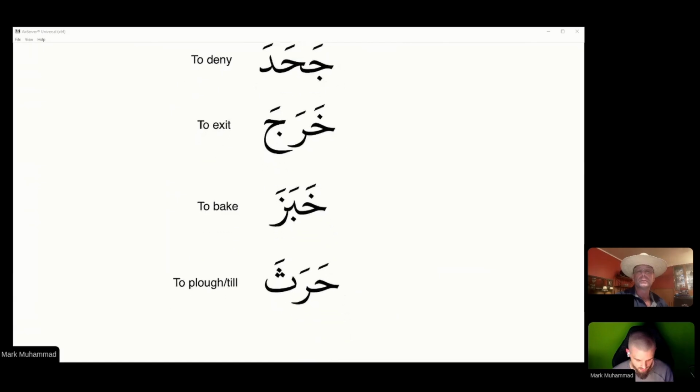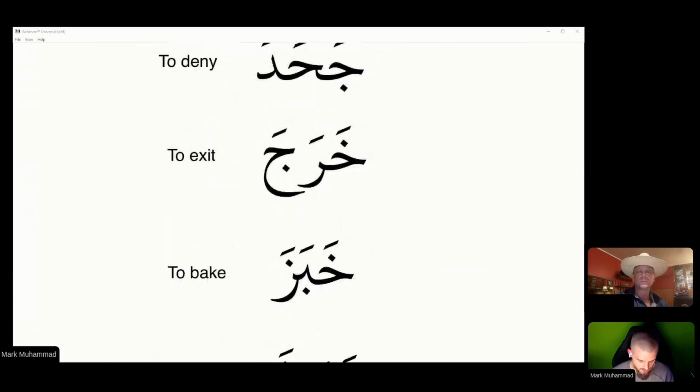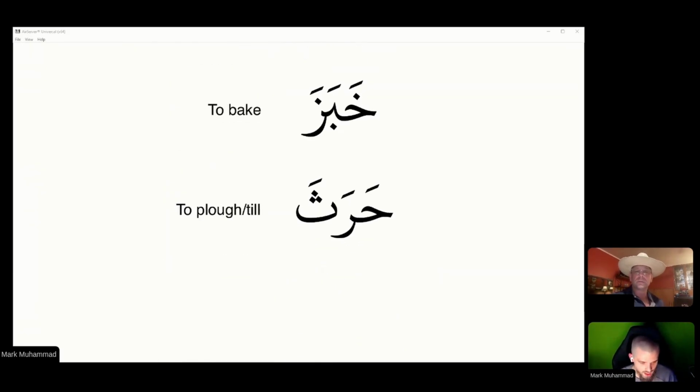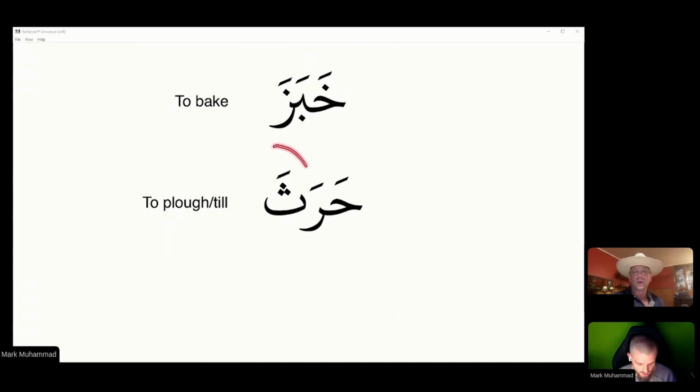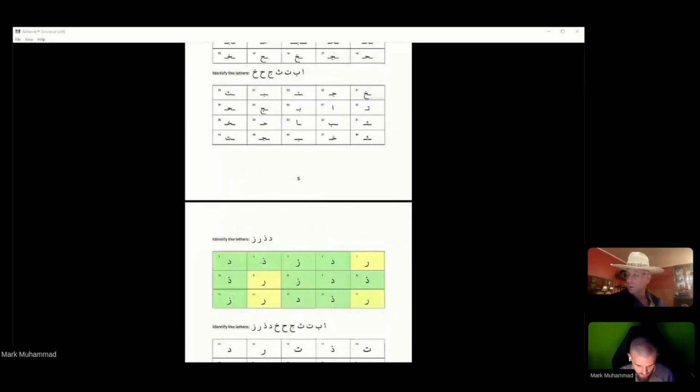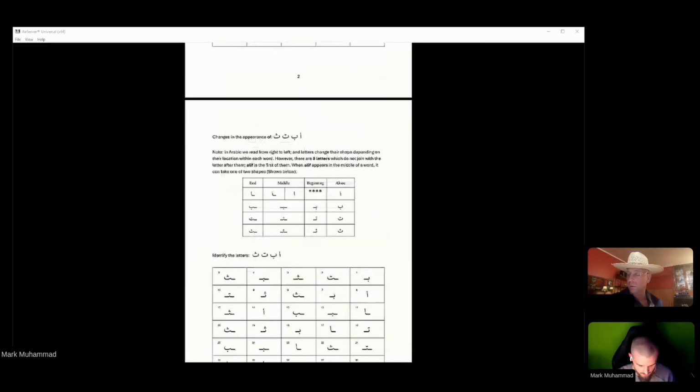Sometimes the Jim would have a line, depending on the letter before it. So this Jim could look exactly like a Jim on its own, even though it's at the end of the word. That wouldn't be difficult because it's easy to recognize. Same as how we have hara-tha. The tha does not look like what we discussed back over here.